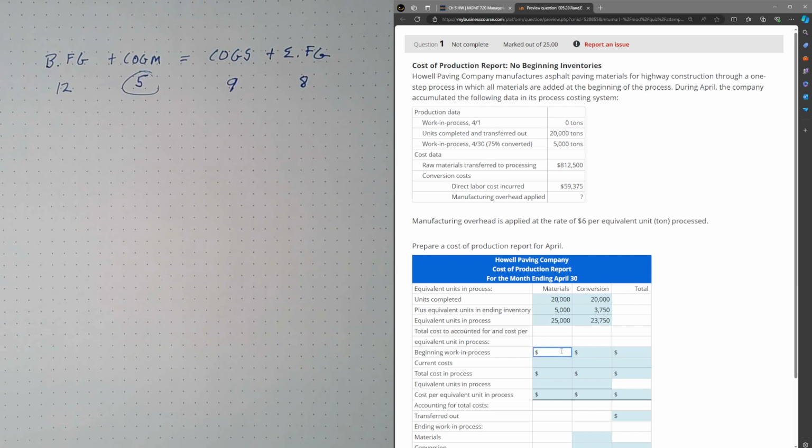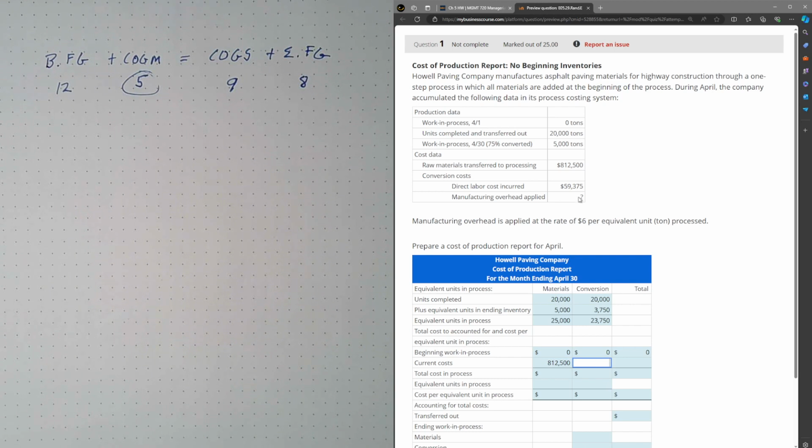So there were $0. This is sort of an unusual question. There was 0 material dollars and 0 conversion cost dollars. So the total is 0. So all we have are the costs that were added. Raw materials transferred to processing. So the current raw materials were 812,500. And then it says conversion costs.